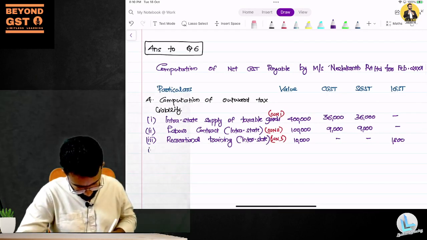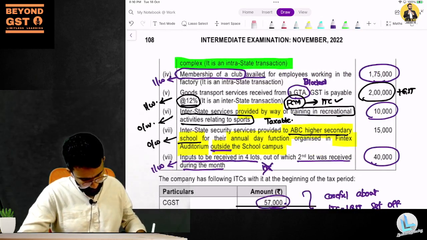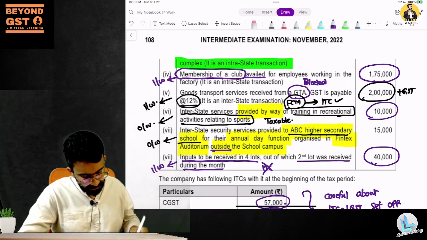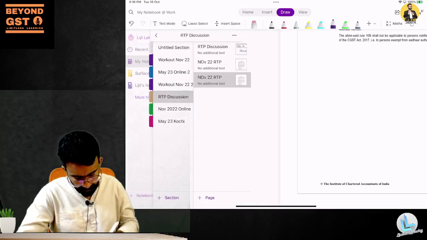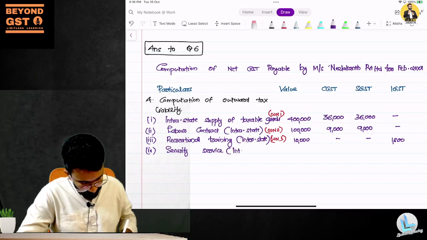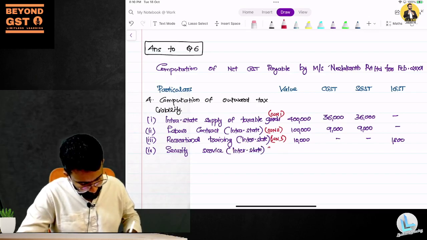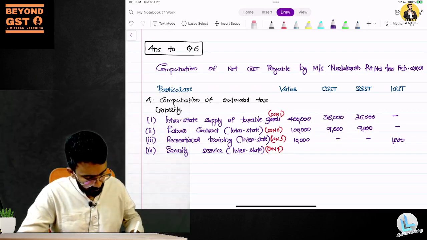Then, is there any other outward supply? Yes, we have interstate security services. That's working note number 4. 15,000.